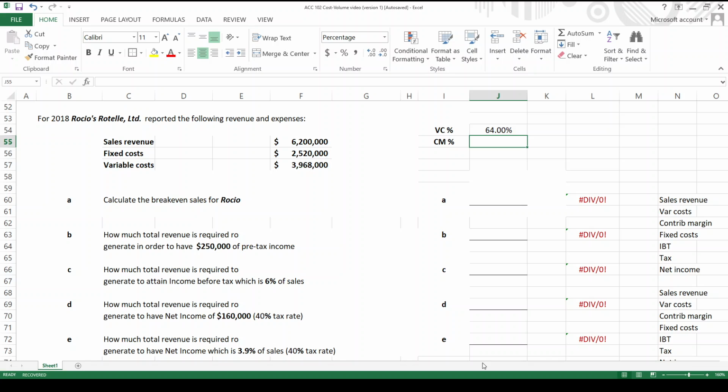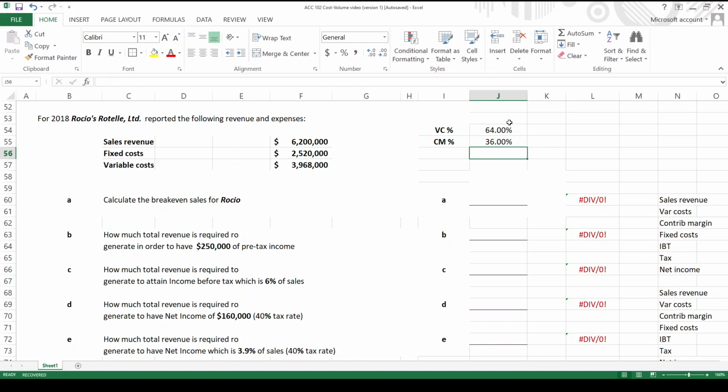We know that the sales are 100%, you got variable cost of 64, therefore the contribution margin percentage must be 36.